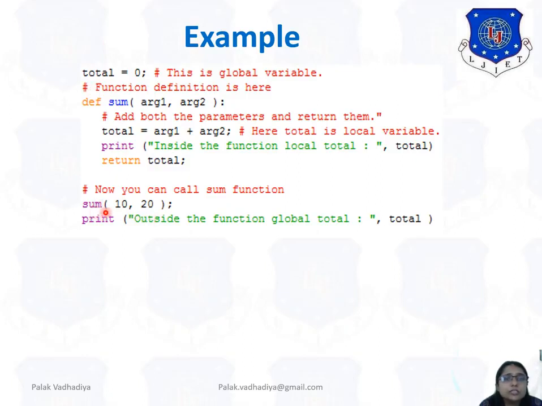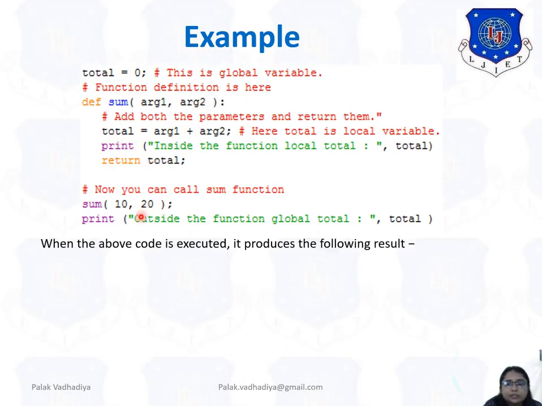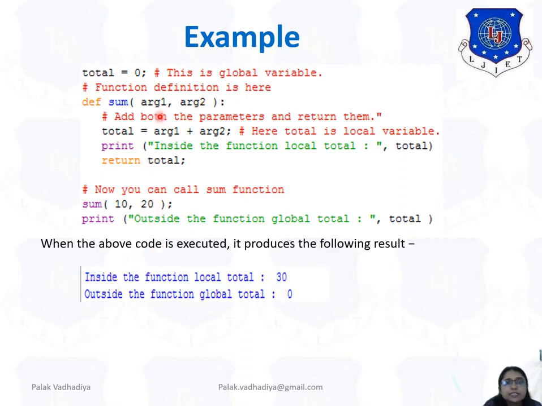So when you call sum 10, 20, that is, argument 1 is 10 and argument 2 is 20. So when I write print, again see I am using print and then total. What will it do? First of all, it goes to this function, sum with argument 1 and argument 2. Here it will print the total variable, so first inside the function the local total, that is 30.